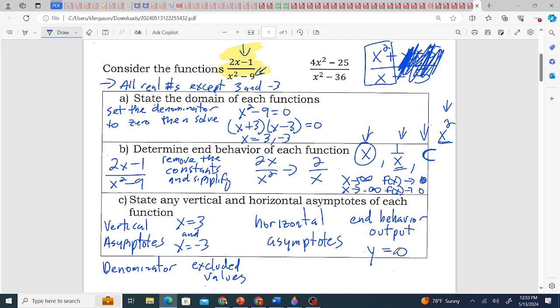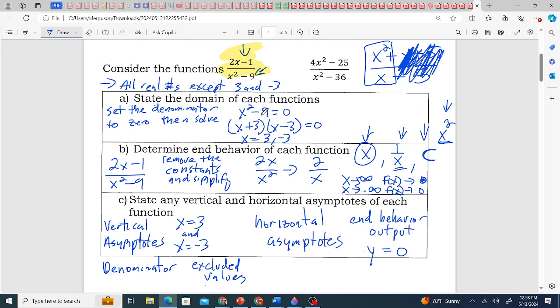Yes, ask the question. Vertical asymptotes come from your excluded values, the values that you can't put in. Think about what that means. I'm telling you that you have this function and I want to graph it, and you cannot input these numbers.